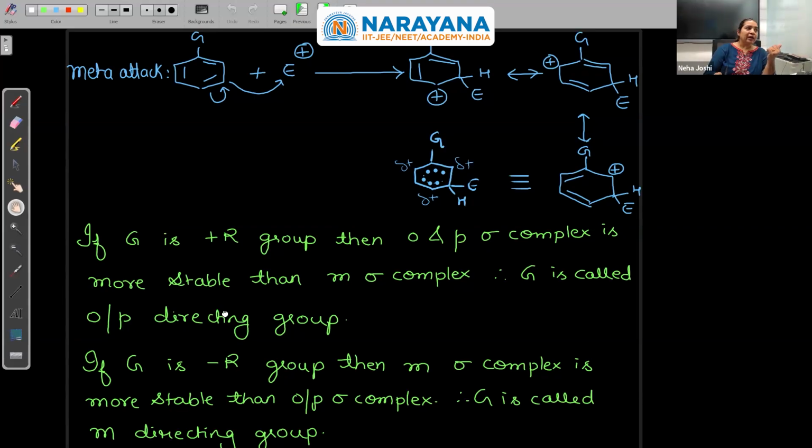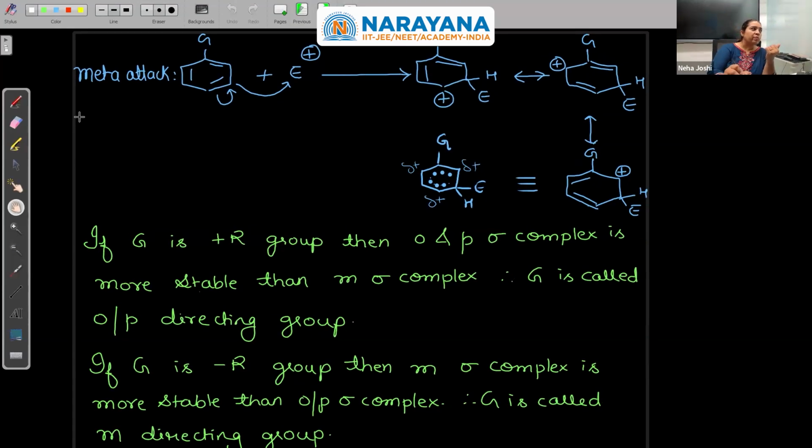Okay. They will attack all possible. Whose sigma complex is most stable? That will be the one which will be preferred. And the one which is stable will take the lower activation barrier, and then that will be the conclusion.